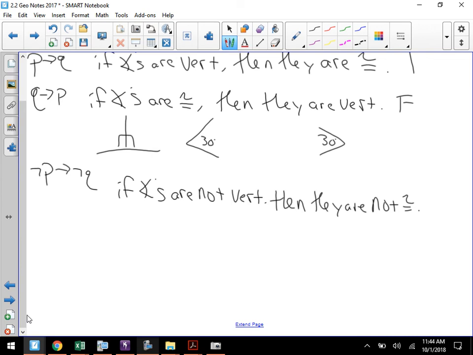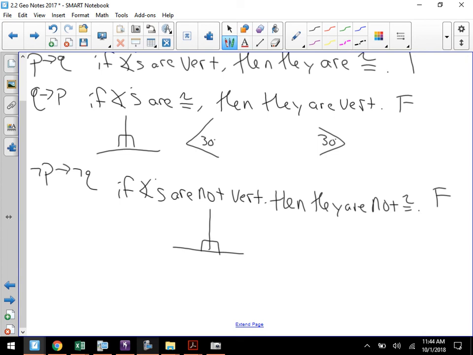Can't I just use the same one? Yeah. And that's the point. A lot of times you can just reuse. Don't have to overthink it. There's two congruent angles that are not vertical. And then last but not least would be the contrapositive. Flip it.